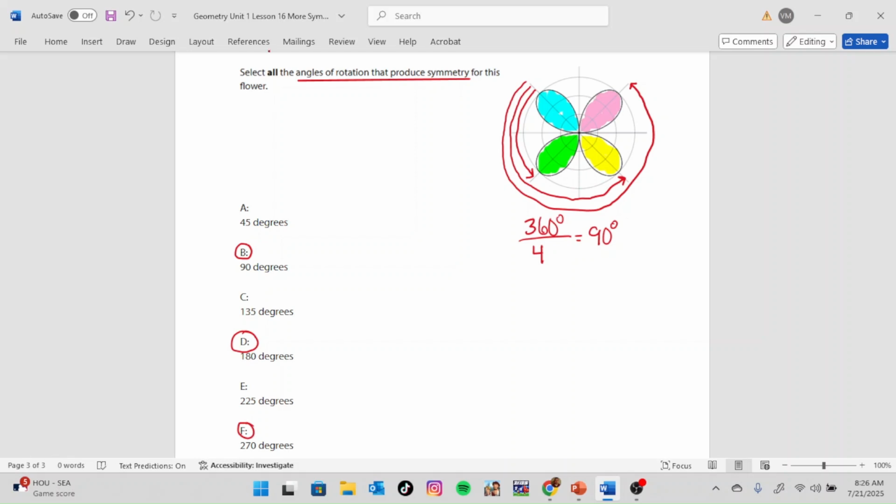So F would also be a correct answer. And remember, we're not going to count 360 degrees because that just puts everything back right where it was. So that means B, D, and F are the correct choices, and A, C, and E are incorrect.